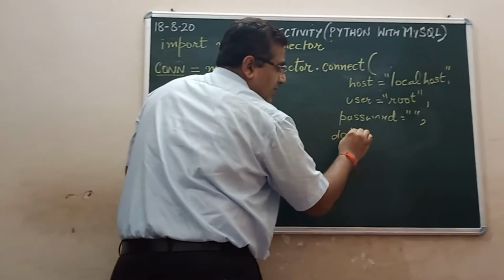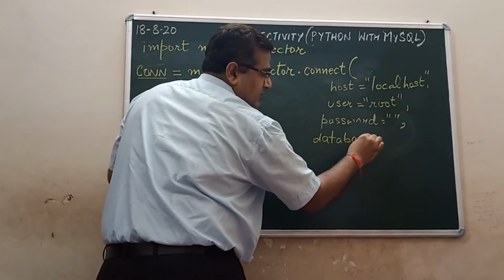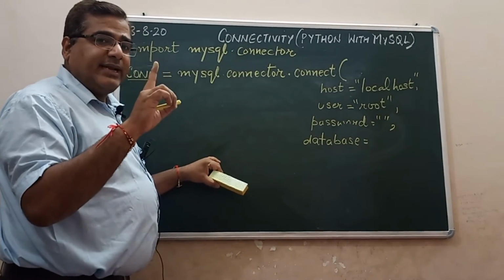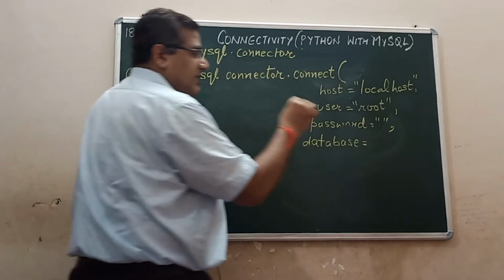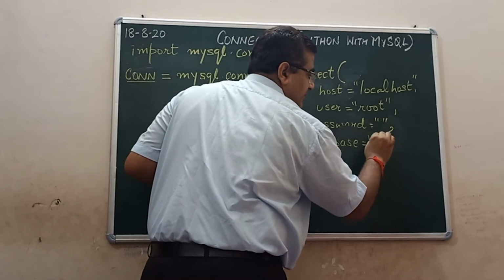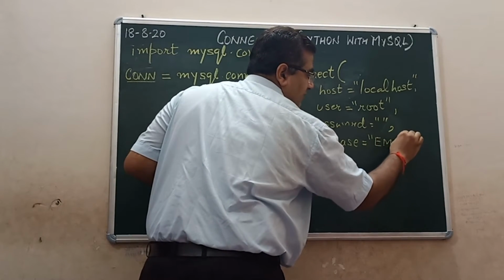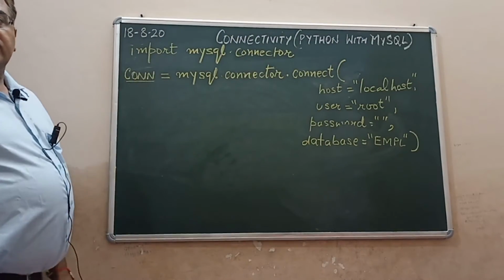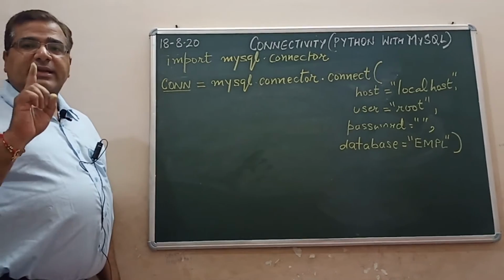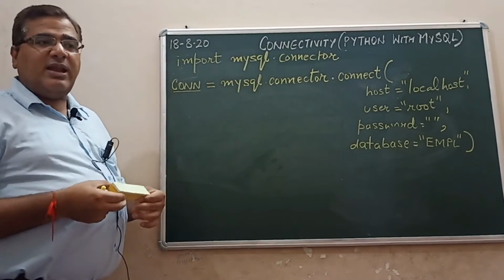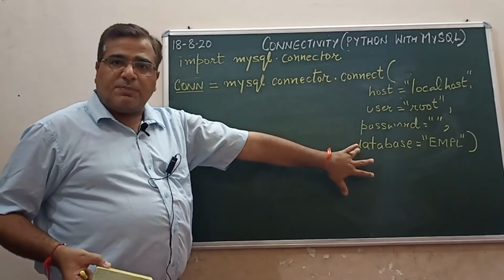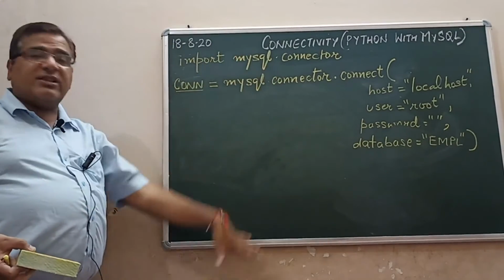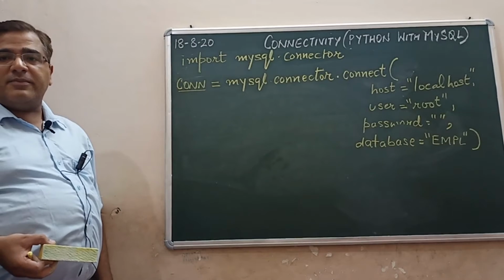Next parameter, database. Suppose I have already created one database in MySQL with the name EMPL. So I will write EMPL here. If you have not created any database in MySQL, you can skip this option and you can create your database further in the programming part.